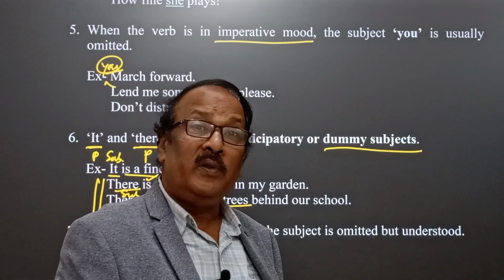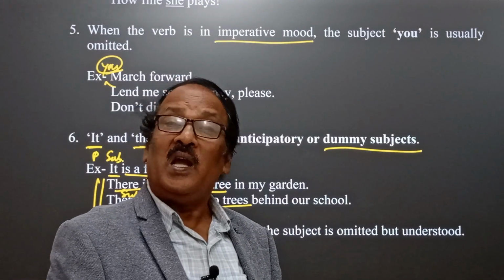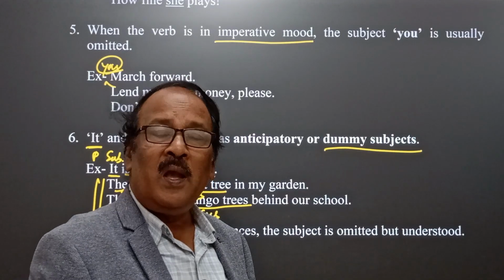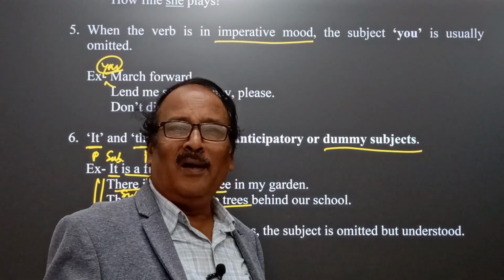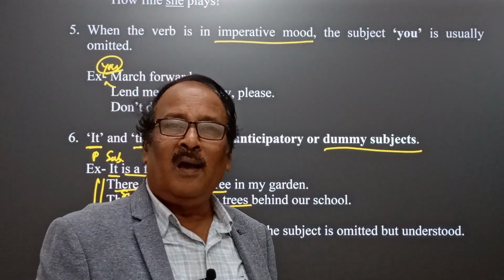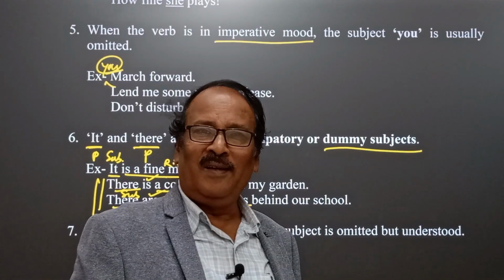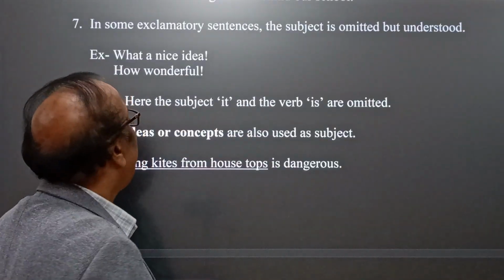The verb of the sentence is decided by the real subject which follows them, and therefore it is natural that they are called dummy or unreal subjects. Am I clear?